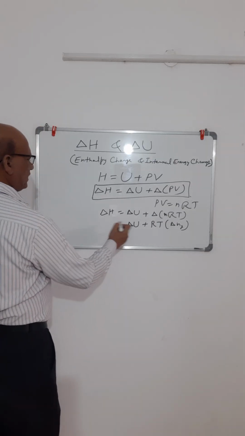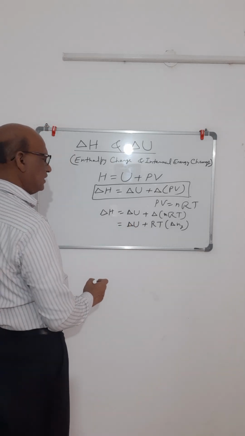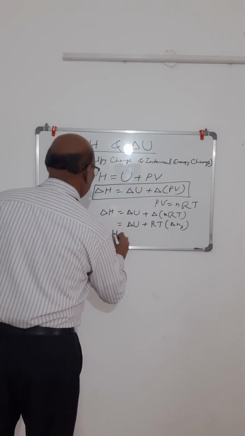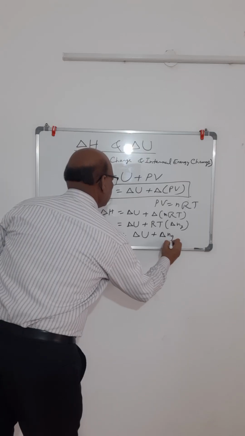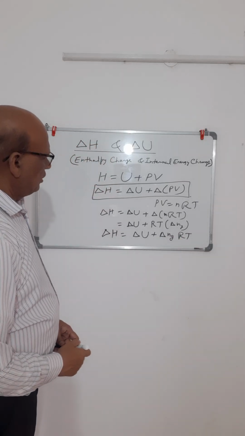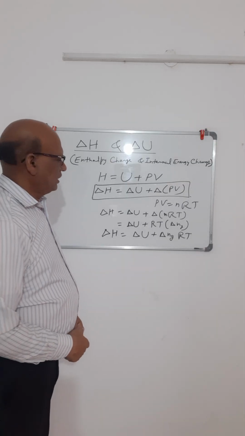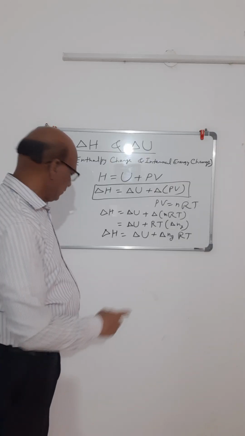So for gaseous reactions, or where at least one product is gaseous, the formula becomes delta H equal to delta U plus delta Ng into RT, where delta Ng is the total number of moles of gaseous products minus the total number of moles of gaseous reactants.